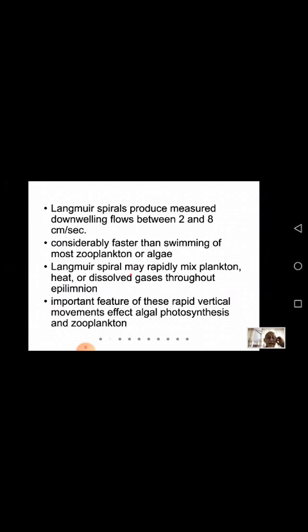Langmuir spirals may rapidly mix plankton, heat or dissolved gases throughout toward equilibrium. So you can easily understand that if two spirals, one moving clockwise and another moving anti-clockwise, work on the surface of water, a lot of mixing occurs and a lot of dissolved oxygen gets incorporated into the water.